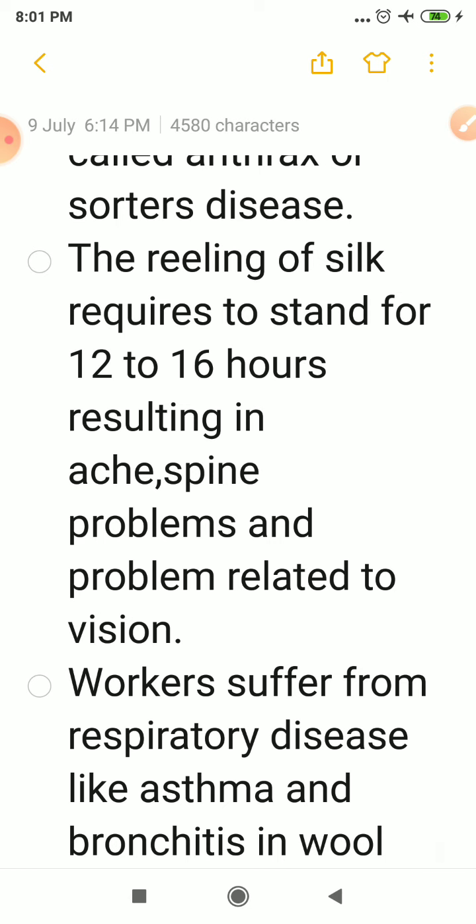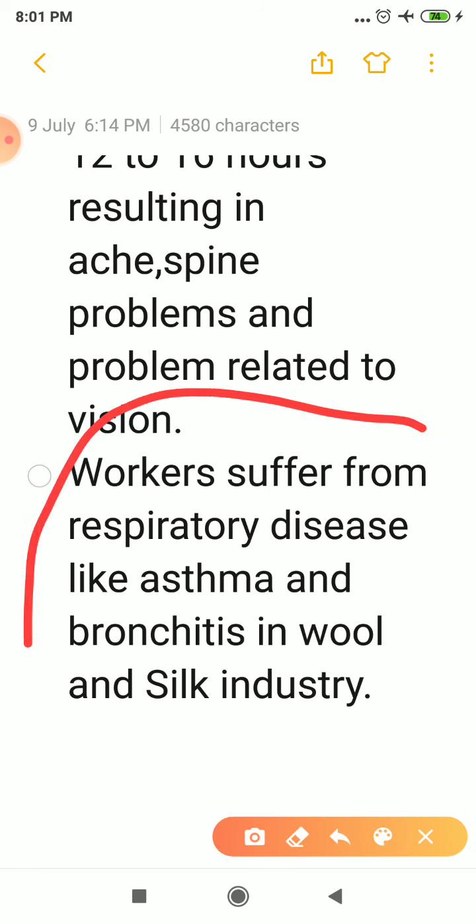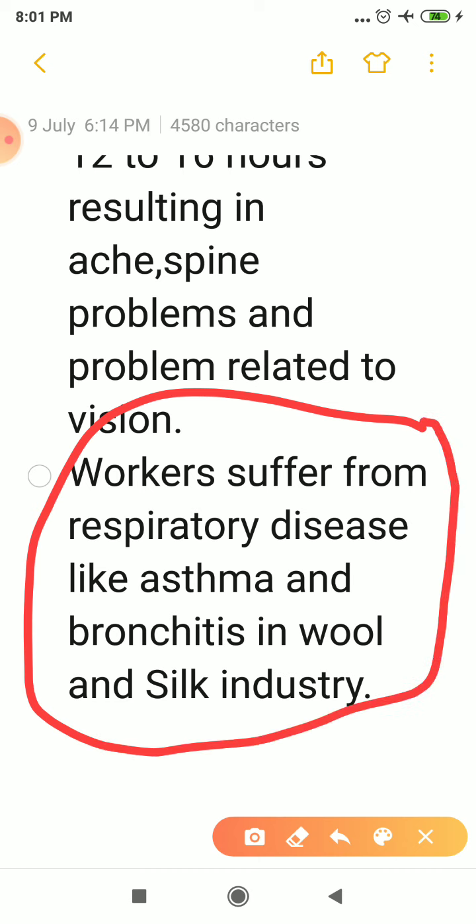Standing for such a long period results in an ache in the spine and other problems, muscle cramps, and vision problems. Workers in the silk and wool industry also suffer from respiratory disease, because very fine particles and fibers get inside their lungs through their nose when they breathe.